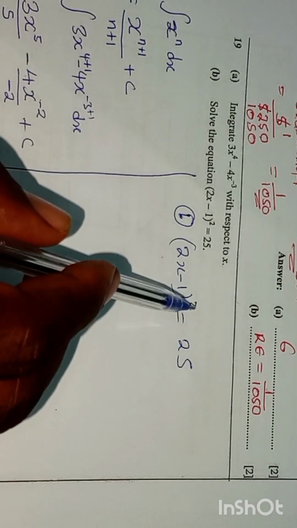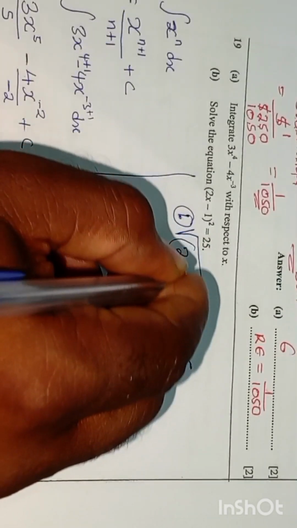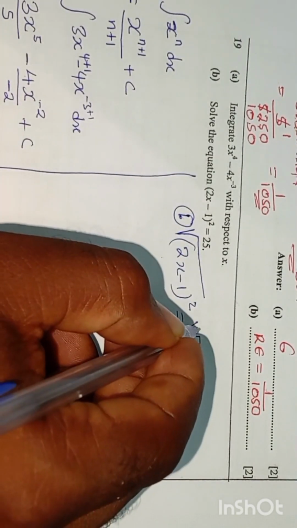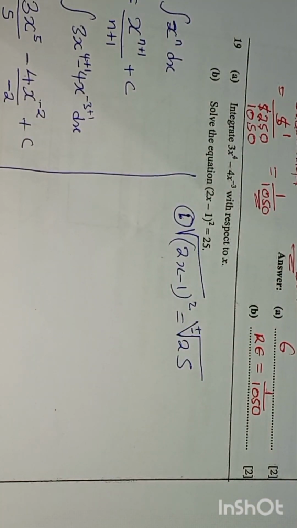So the first thing, I'll get rid of the power 2 by introducing square root both sides. So this side is going to be positive or negative.